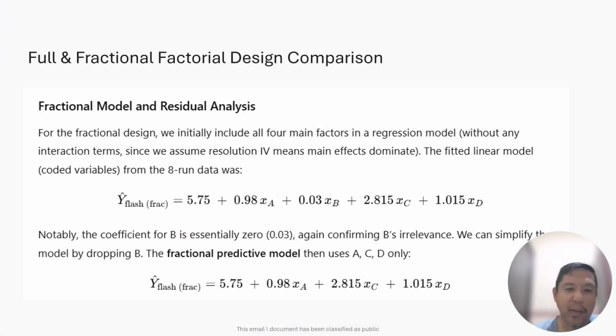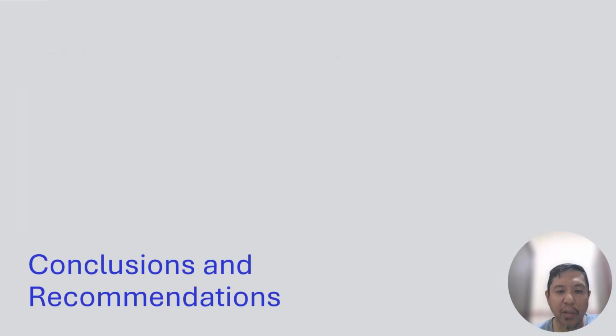And for the regression equation for the full factorial and the residual comparison, as you can see in the equation, we're just removing those factors that are not having significant impact, like B and other interactions, which are not that significant. Okay, so moving on to the conclusions and recommendations.